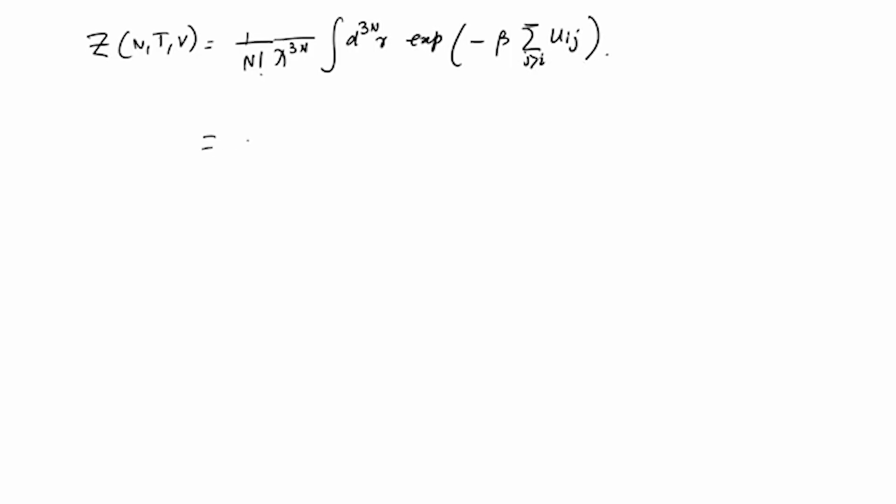Let us write this as Z_N, for a reason that you will see in just a moment. It is a function of T and V, and of course, it contains also the effect of the potential.